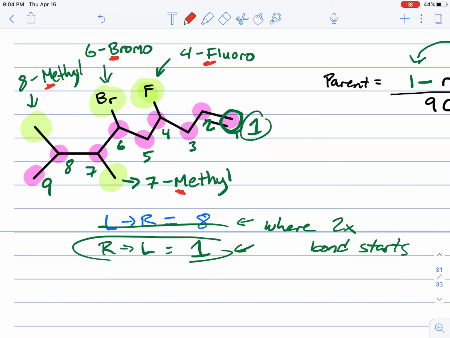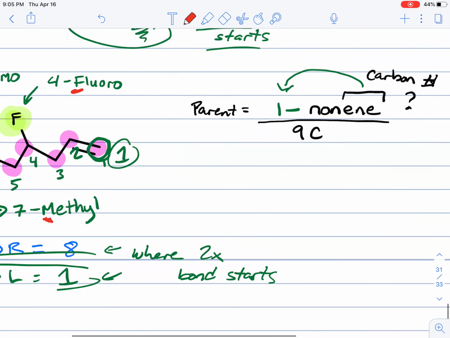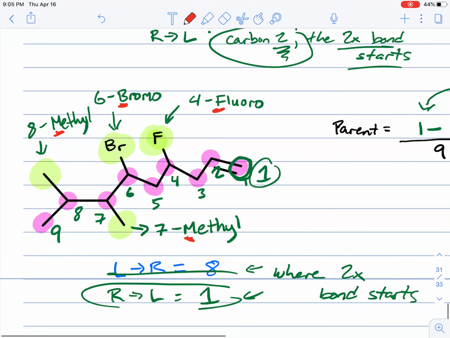And so the B in bromo is the closest to the beginning of the alphabet, and so bromo is going to go first. This is the English alphabet. And so this is going to go first.